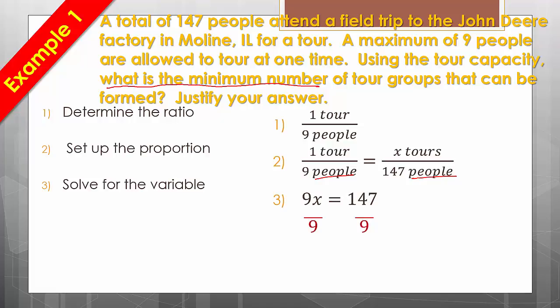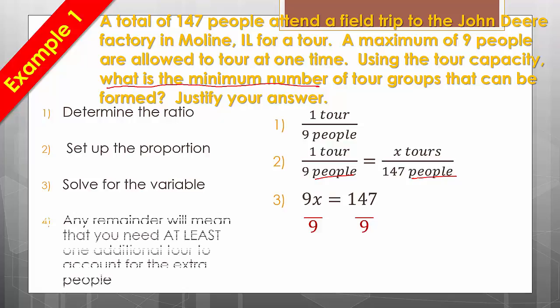Any remainder will mean that you need at least one additional tour to account for the extra people, because when you divide 147 by 9, 9 goes into 14 once, and then you've got 57, so 9 goes into 57 6 times, but then you have a remainder of 3.